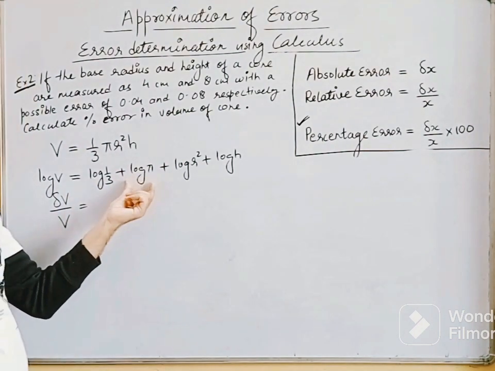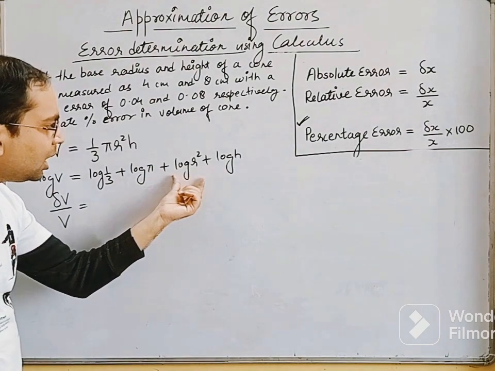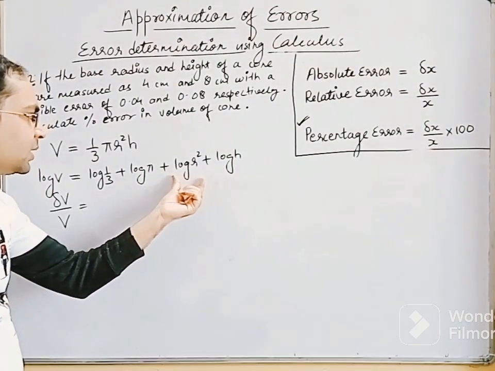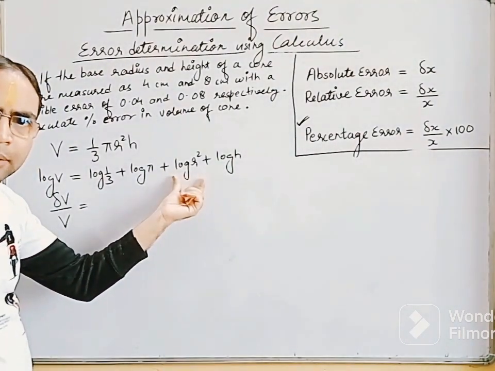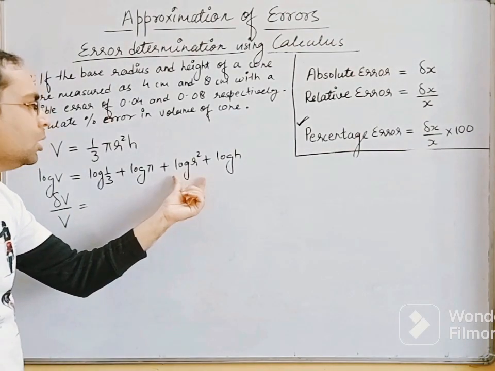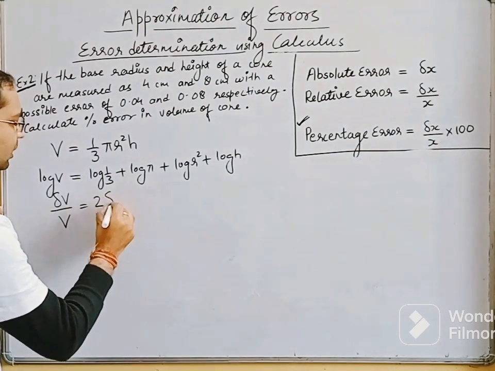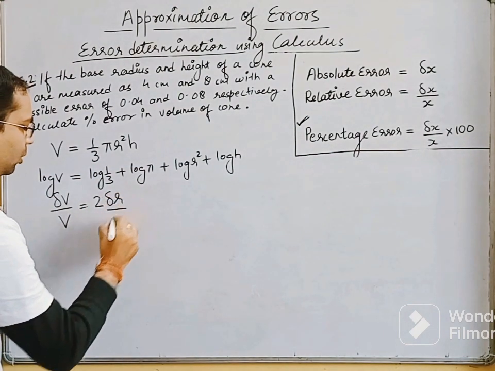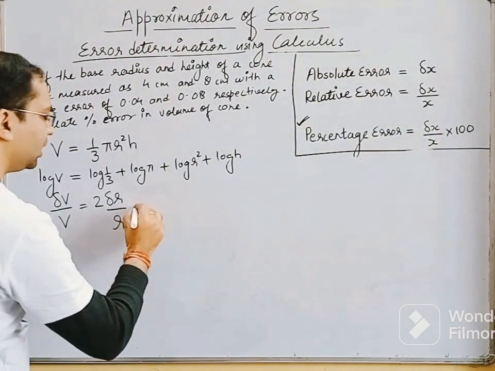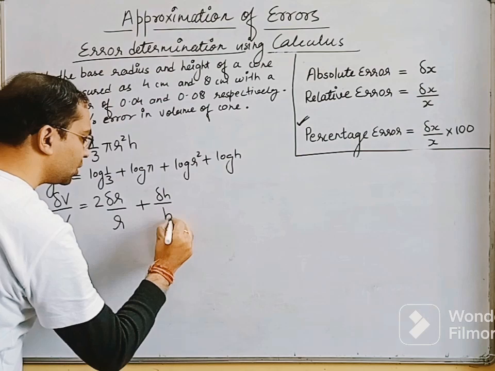This is also a constant, so its differentiation will also be 0. And this log r square, we will rewrite as 2 log r, since log m to the power n is equal to n log m. The differentiation of this will be 2 del r upon r. Now plus, this is log h, so this will be del h upon h.